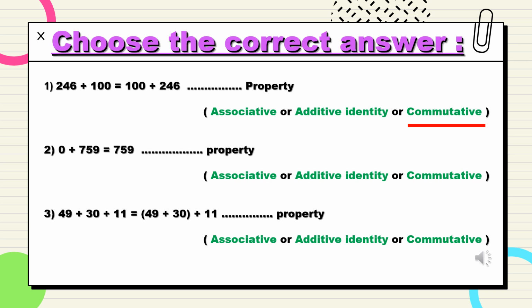So we have here 0. This means additive identity property. Number 3, 49 plus 30 plus 11 equals, open parentheses, 49 plus 30 plus 11. So we see here parentheses, this means associative property.